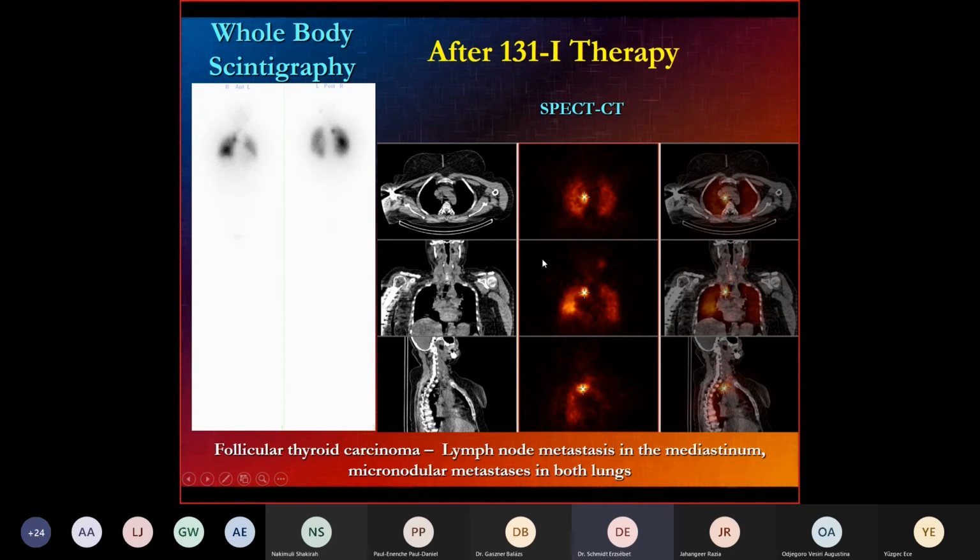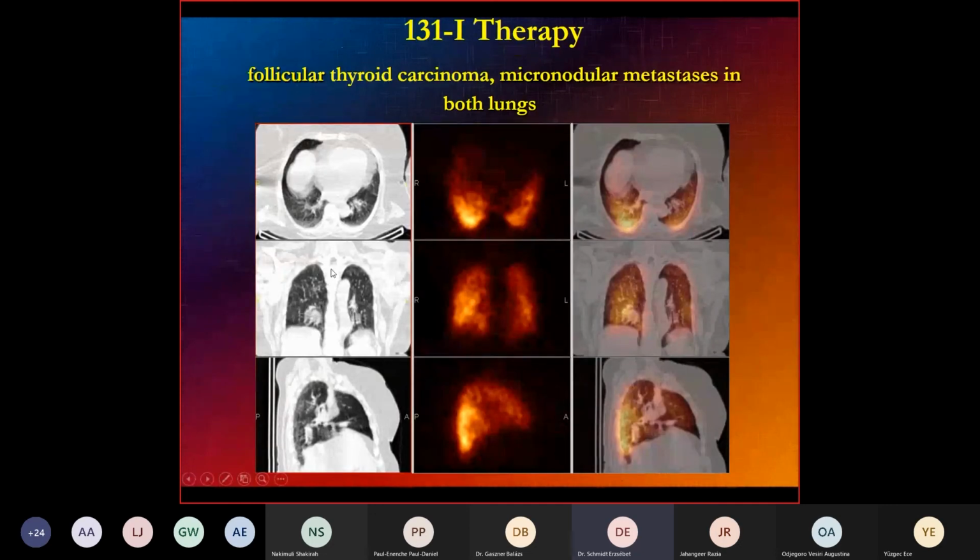With the help of SPECT CT scan, we can localize the circumscribed activity in the mediastinal lymph node, and the diffuse high activity in the lungs is due to micronodular metastasis in both lungs. You can see these small spots, which are the micrometastases of follicular thyroid carcinoma.